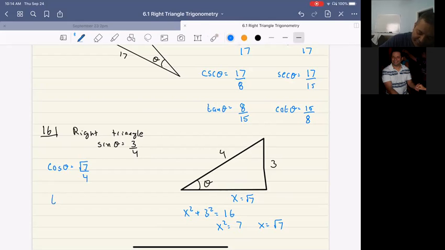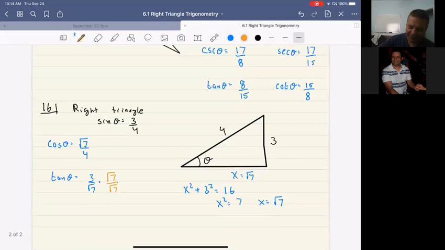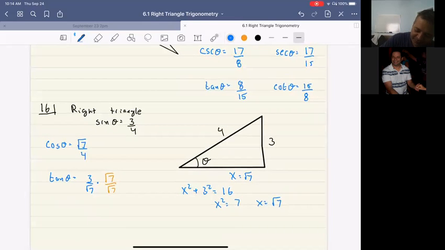Tangent of theta is 3 over root 7, but we're going to rationalize that. Remember, we want to get rid of the square roots in the denominator. So tangent of theta we're going to write as 3 root 7 divided by 7.